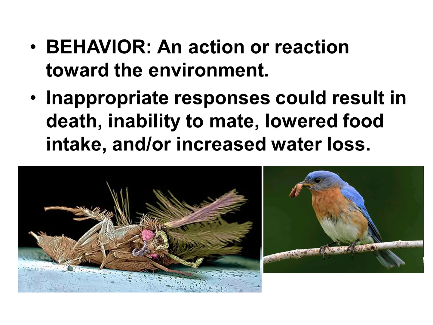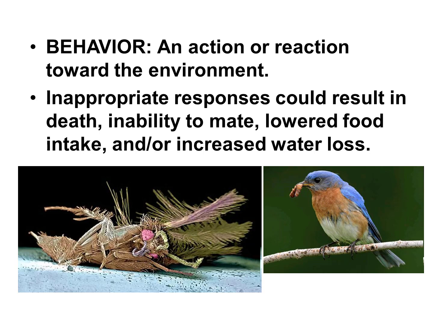Inappropriate responses, of course, could be pretty negative. That could obviously result in injury or death. So, someone's dorking around doing parkour off the roof and lands in the garbage can, and maybe that hurts, right? Inability to mate.